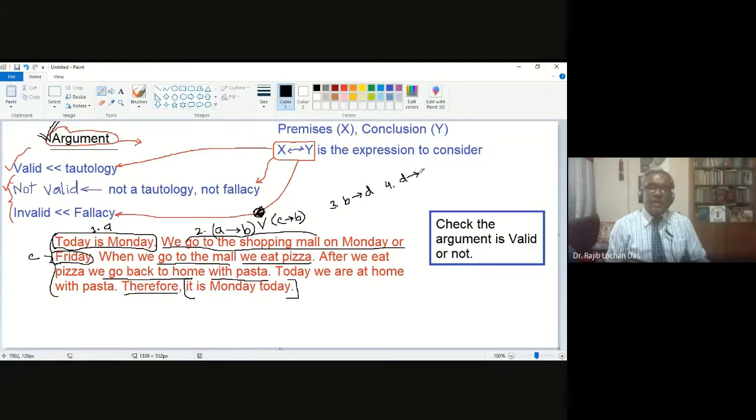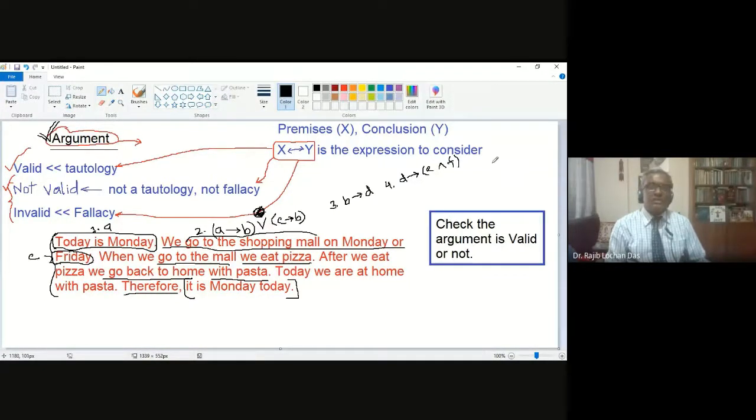D implies E and F, because we do two things: we go back home and we take pasta with us. So that is E and F. D implies E and F. And the fifth sentence, number 5.